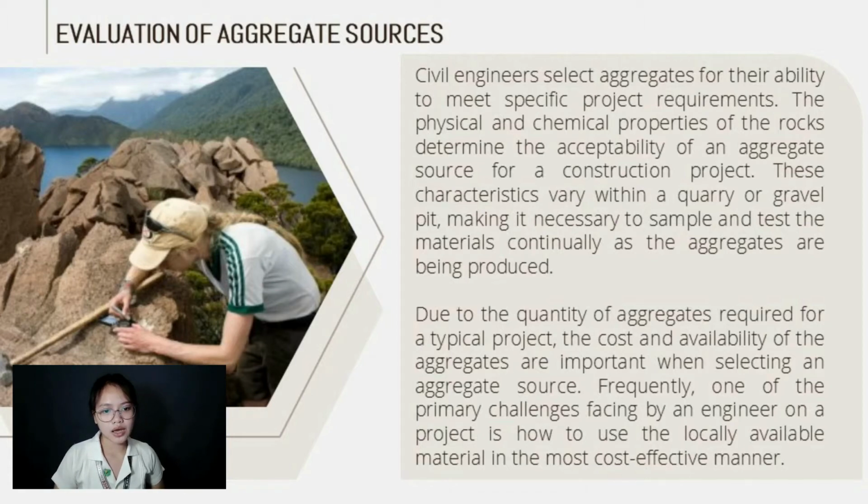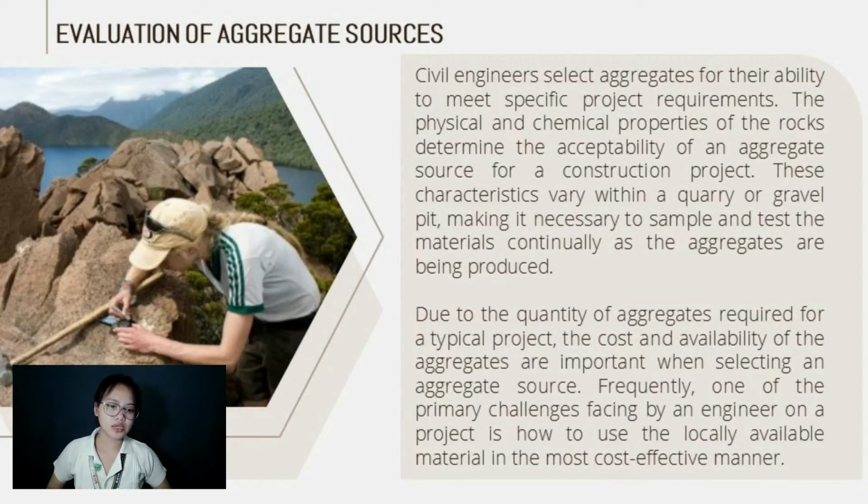Because as the aggregates are being produced, it needs to ensure that the aggregates will meet the specific project requirements. So it will be tested as the process goes on.